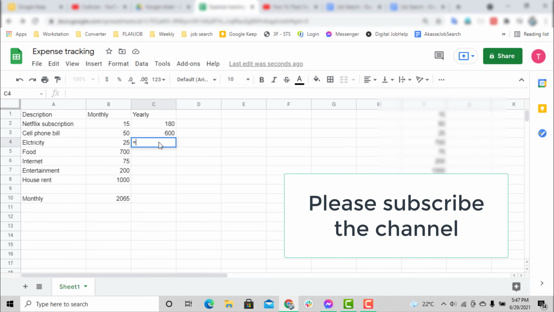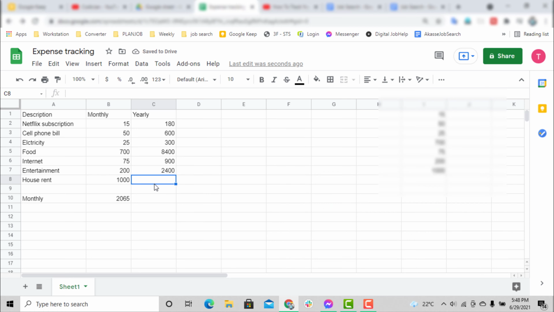For this one, B4 into 12. For the next one, B5 into 12. And the next one, B6 into 12. And this one, this number into 12. So you are getting yearly expenses. This one, this number into 12. So now you've gotten yearly expenses for each one.